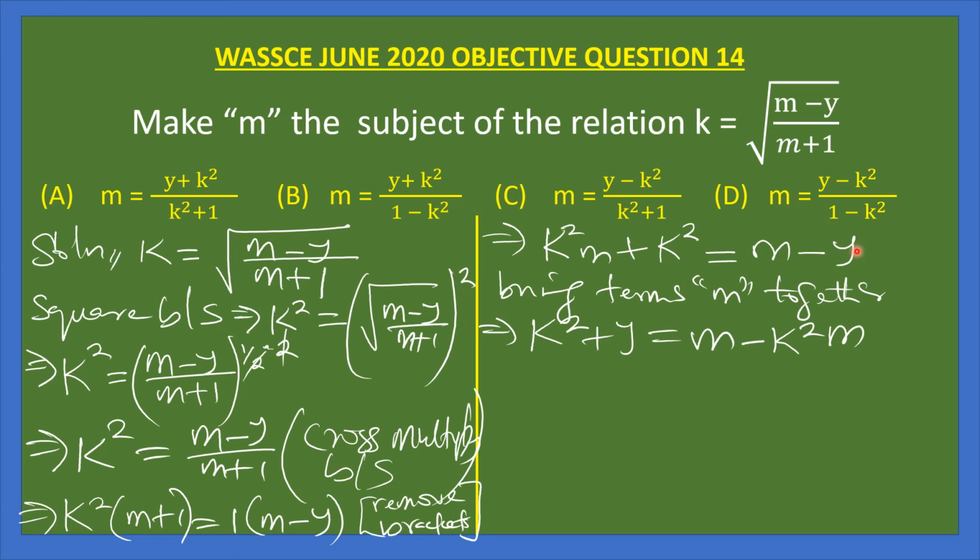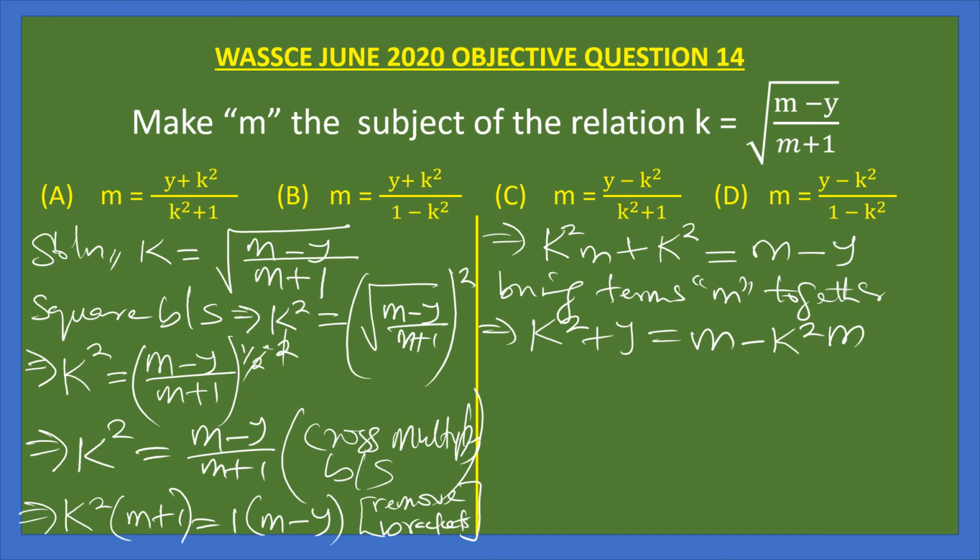On the right hand side, Y here is negative. So Y crossing over makes it what? Positive. So we have K squared plus Y. On the right hand side, M is positive, okay? And on the left hand side, K squared M is also what? Positive. So for K squared M to come over this side where M is, K squared M will become what? Negative. That's why we have M minus K squared M.